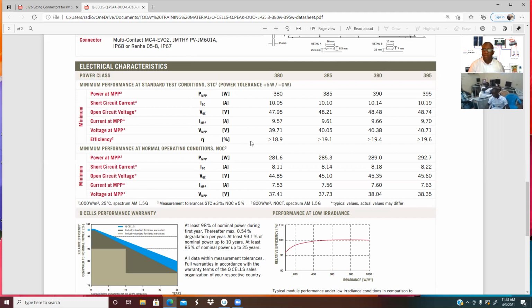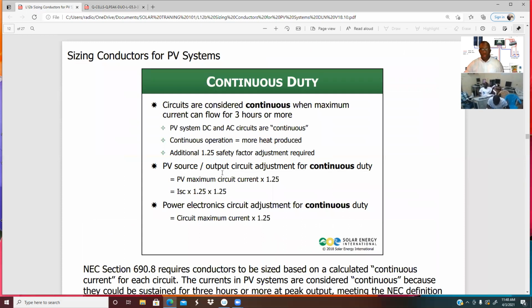And the conductor is the wire. And the circuit is the connection from the PV to the junction box, to the disconnect; those are different circuits between them. Excellent. So that clarifies that you understand the concept of the material we are discussing.